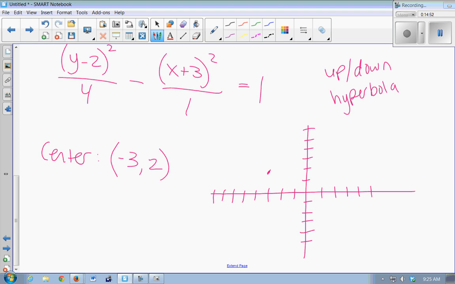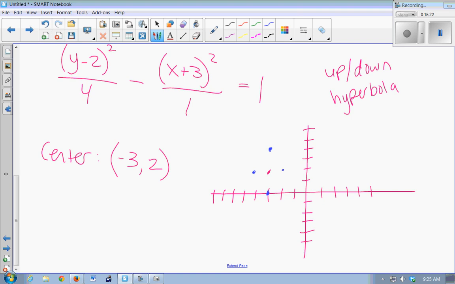So that should be up 2 and down 2 from my center to make my vertical axis. So I go up 1, 2, and down 2. There's my vertical axis. And then my horizontal axis is my b value, which is 1. So I go left 1 and right 1. And then I have those 4 dots.